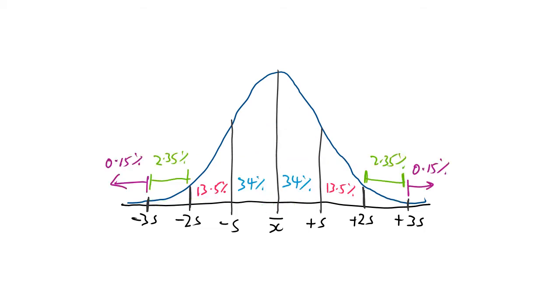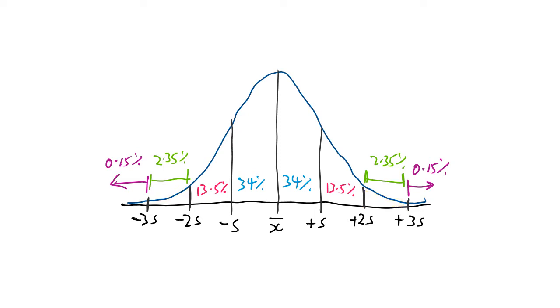Or you can split it into little segments. This little bit, going on infinitely forever, by the way, represents 0.15%, so that's beyond 3 standard deviations. This little bit is 2.35%, and it has a symmetrical partner over here, so it's 2.35% on the negative side and 2.35% on the positive side.